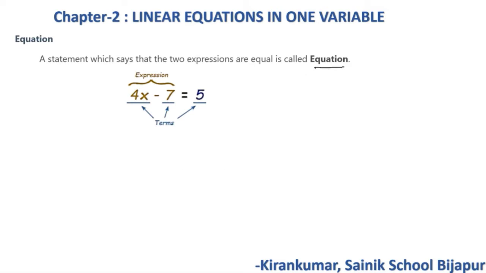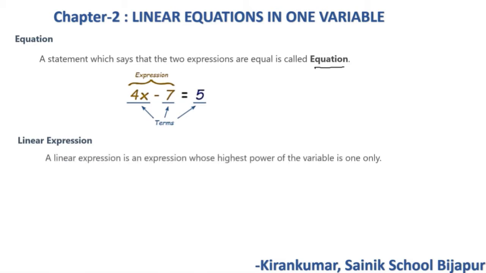Let's learn about linear expression. A linear expression is an expression whose highest power of the variable is 1 only. For example, when I consider 2x plus 5, 3y, etc., they are all linear expressions.